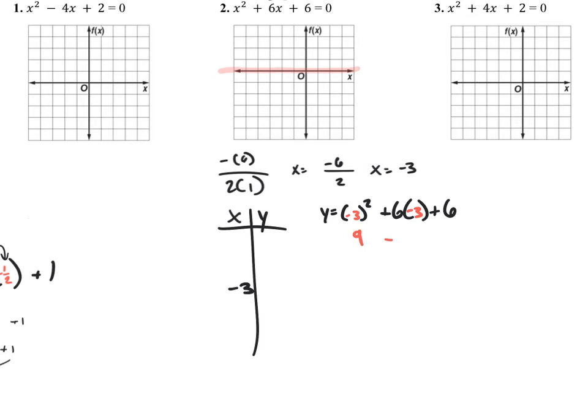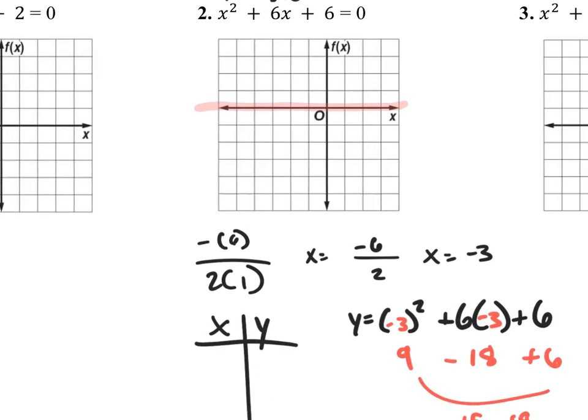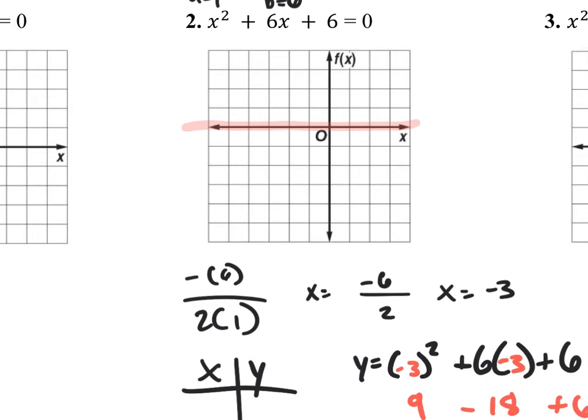Negative 3 squared is 9, minus 18, plus 6. This is a 15 minus 18 to get negative 3. So we now know that our vertex is negative 3, negative 3.